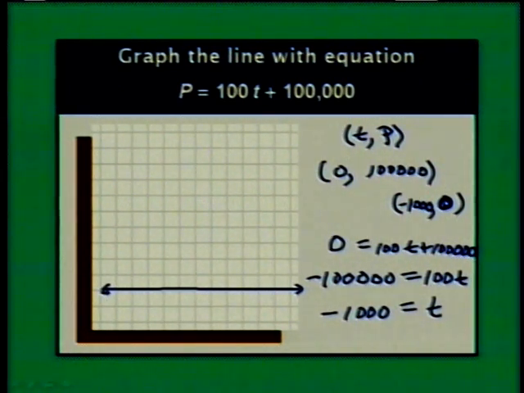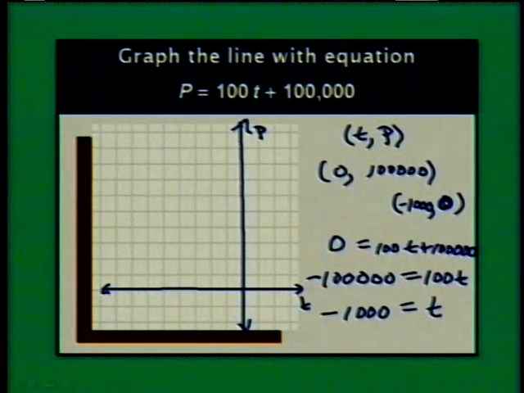Since I need to get to the point minus 1,000, 0 on the t-axis, I think I'm going to draw my P-axis fairly close to the right side of my grid. Here's my t-axis. Here's my P-axis.